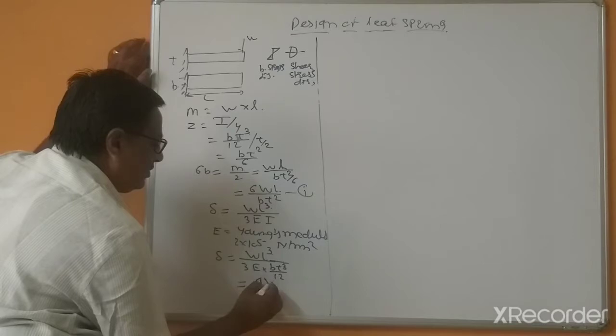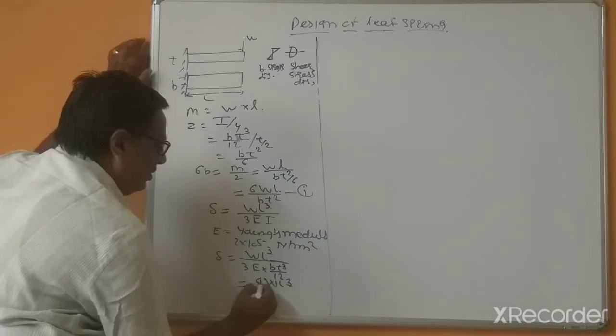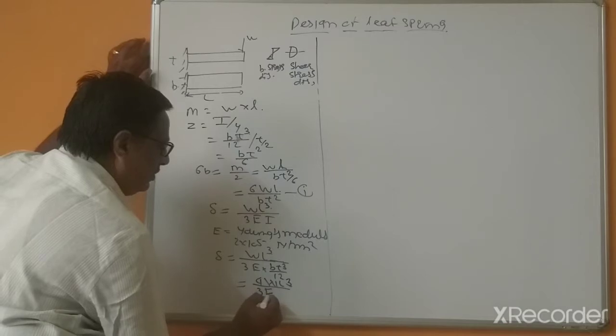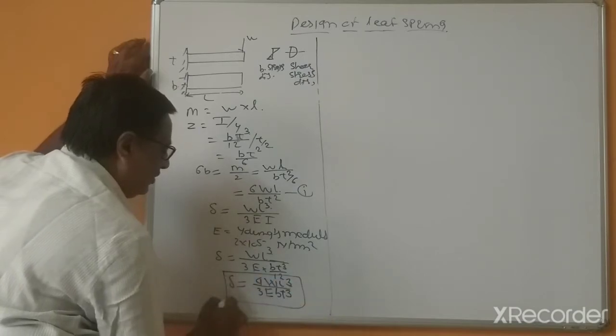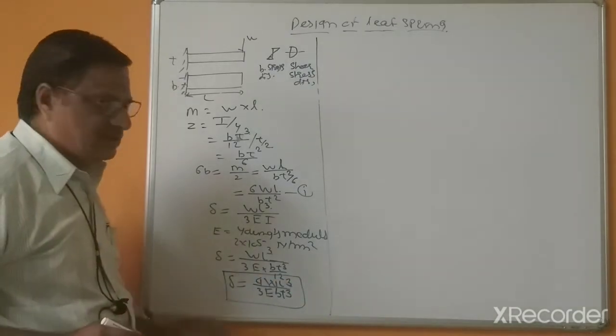So this becomes WL cube divided by 3E into bt cube, and this is the cantilever deflection equation.